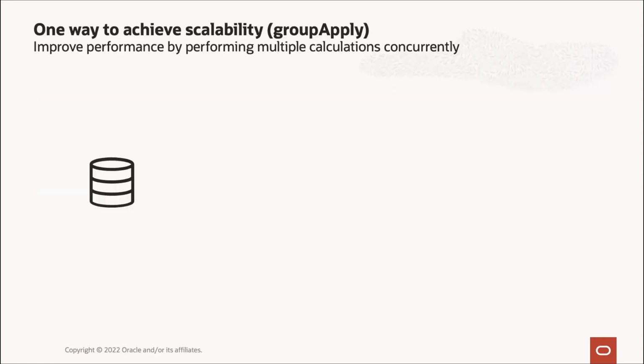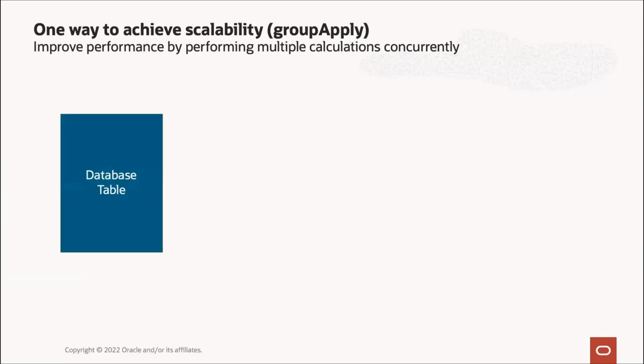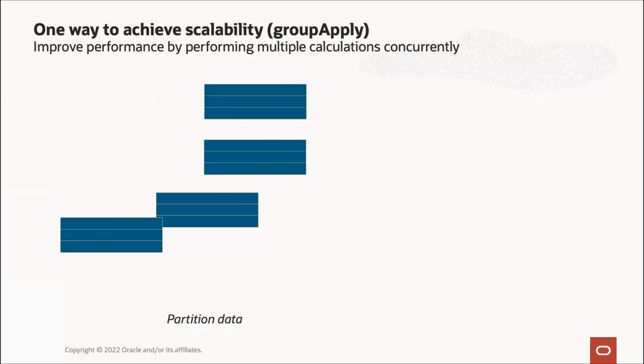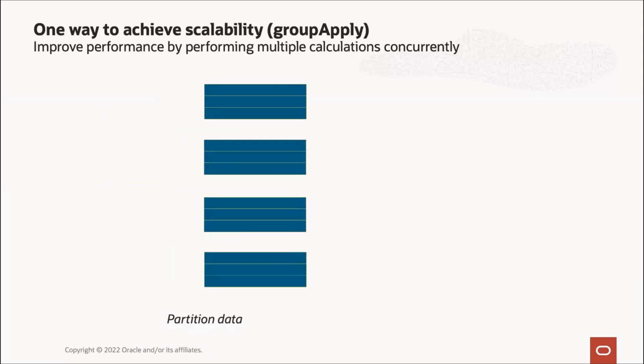So let's just represent what's happening with group apply with a quick representation. An Oracle database proxy object is supplied to the group apply function. The data is then partitioned by category on a specific column, and as we mentioned, that can be city, species, or gender, or any other category.